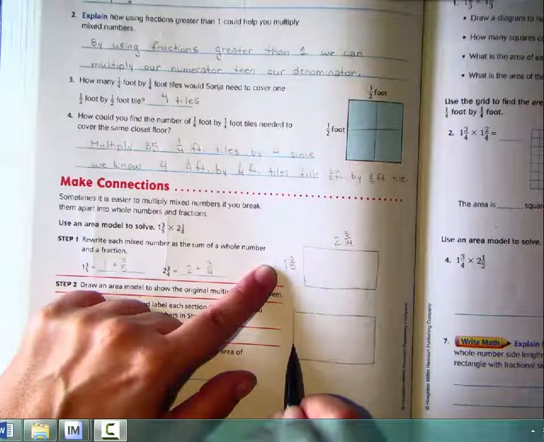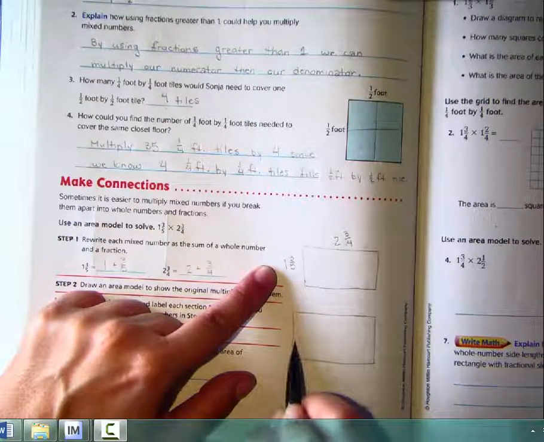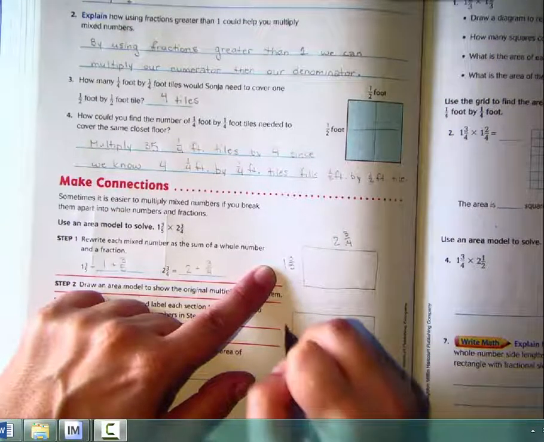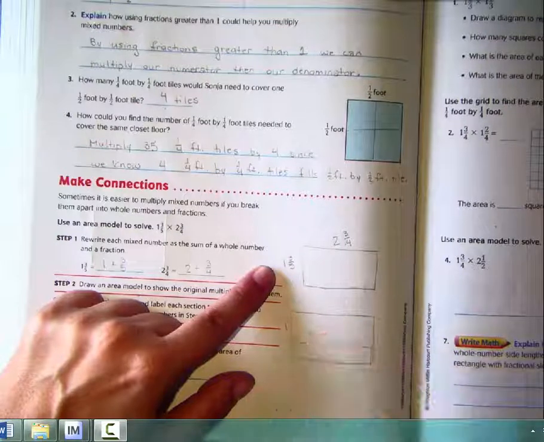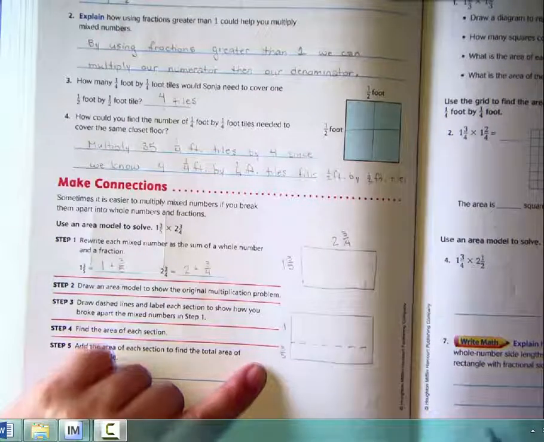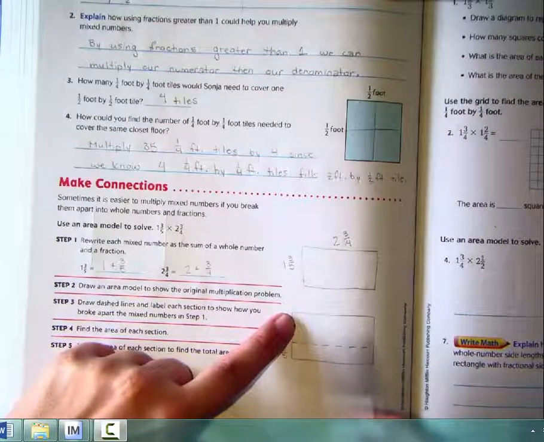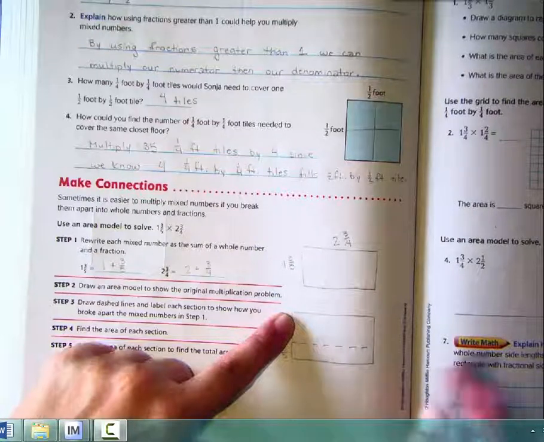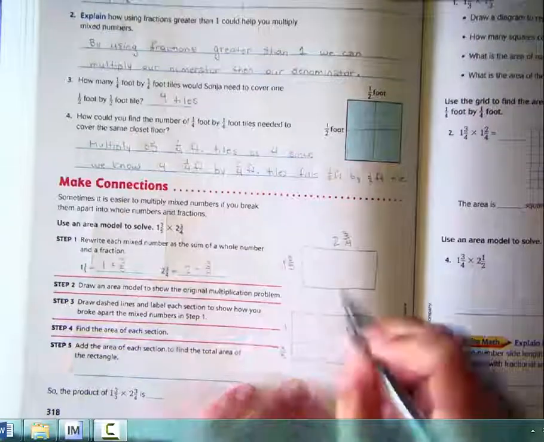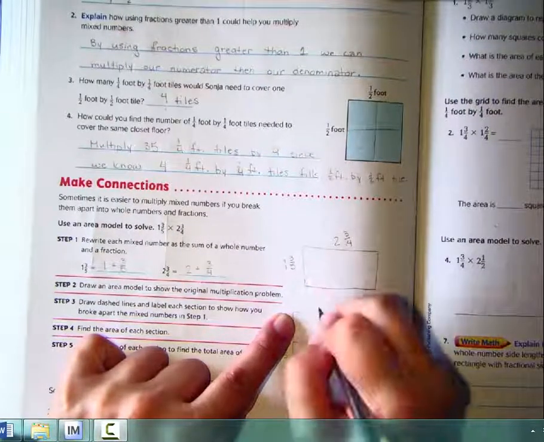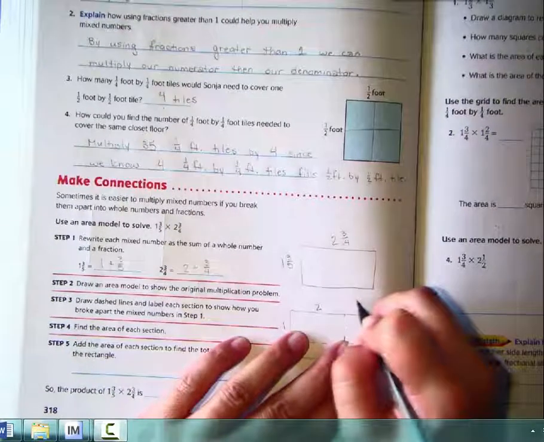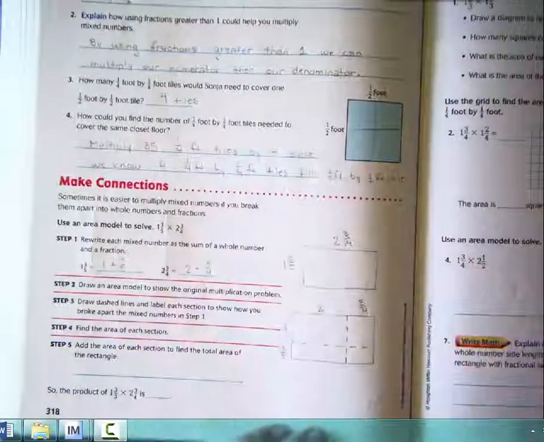Obviously the 1 is going to be bigger. Draw it dark enough. There we go. So this represents the 1 from here to here. This part represents the 3/5. Okay, I'm going to do the same thing going across. I had 2 3/4. So from here to here, it represents the 2. From here to here, it represents the 3/4.